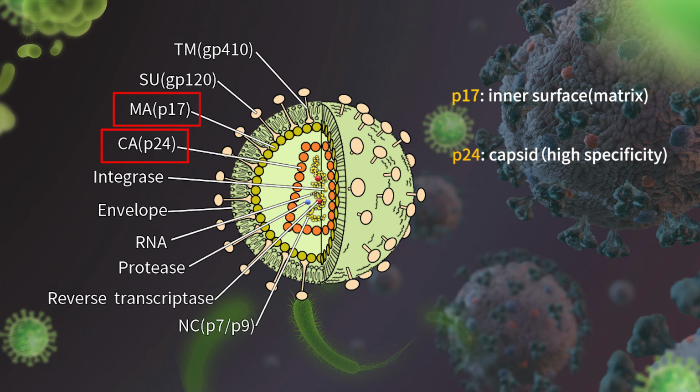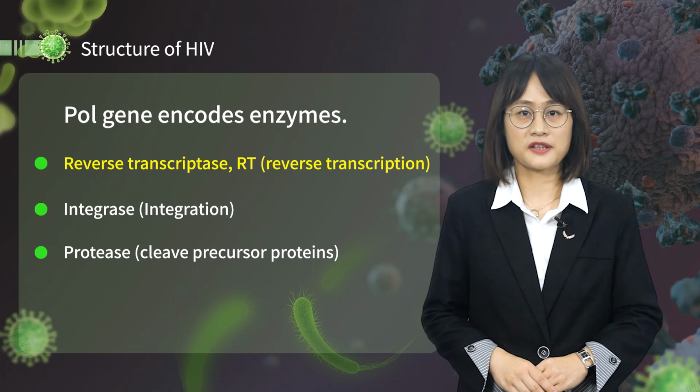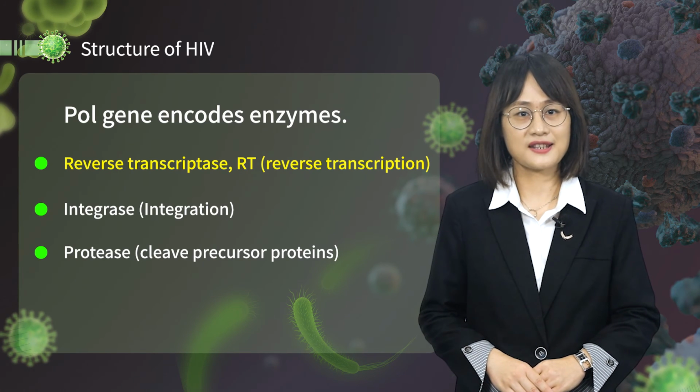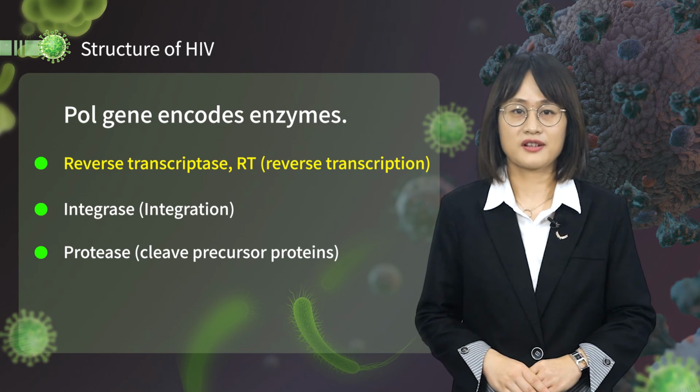P24 has high specificity and it could be used for diagnosis. What's more, there are some other proteins binding to nucleic acid like P7, P9. The POL gene encodes the three main enzymes that are required for the viral life cycle: reverse transcriptase, integrase, and protease.